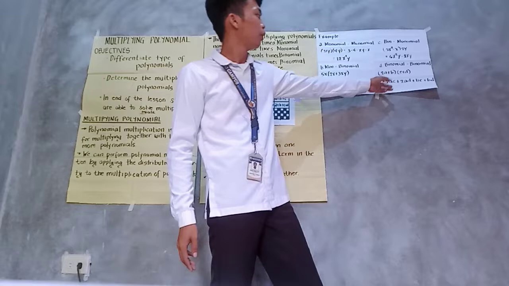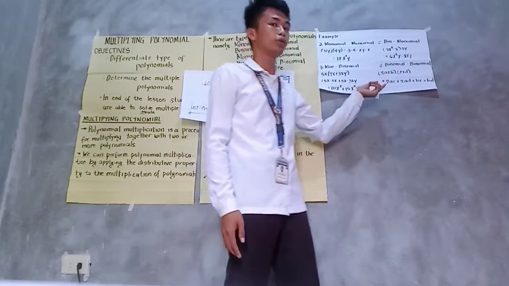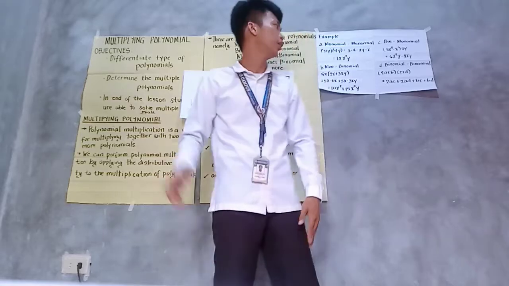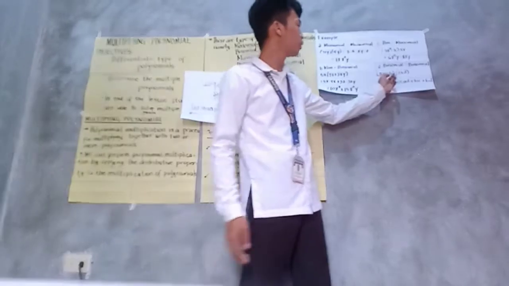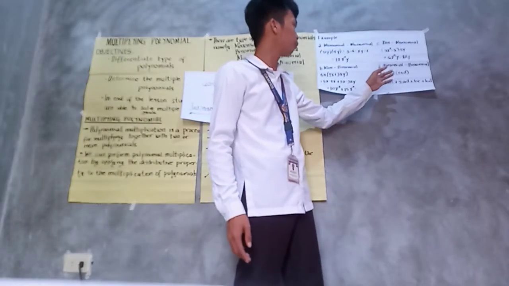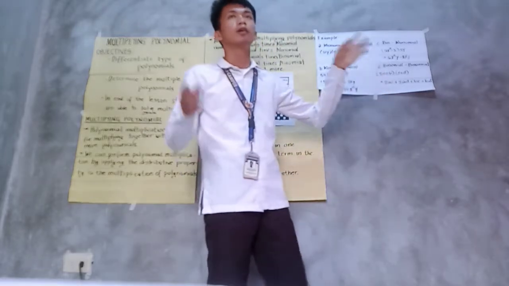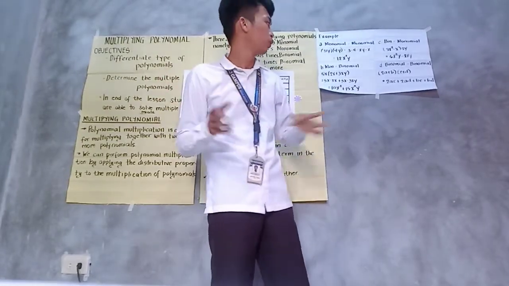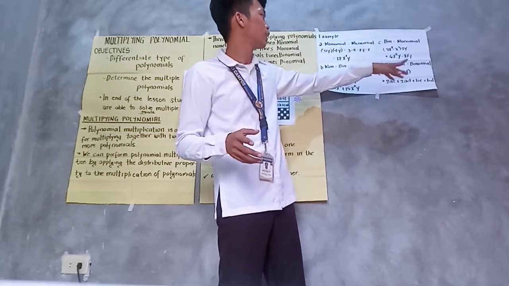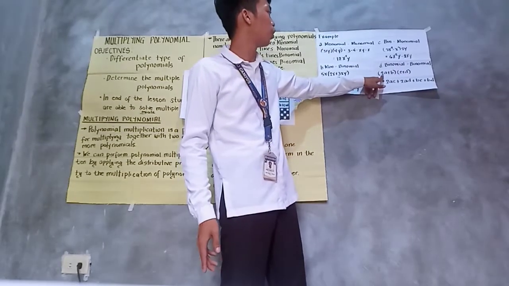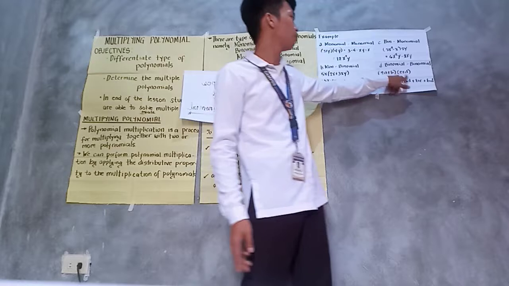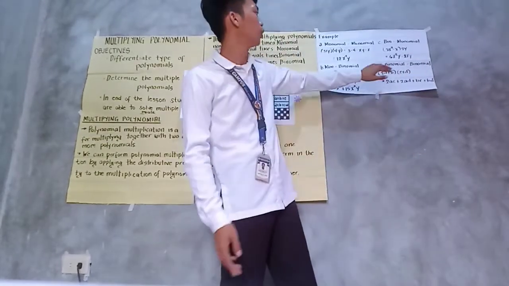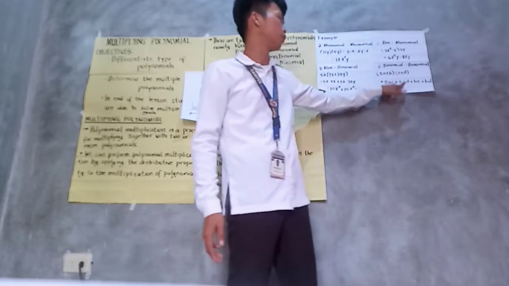So 2a times c is equal to 2ac. The next is the outer: the first term of the first binomial times the outer term of the second binomial.